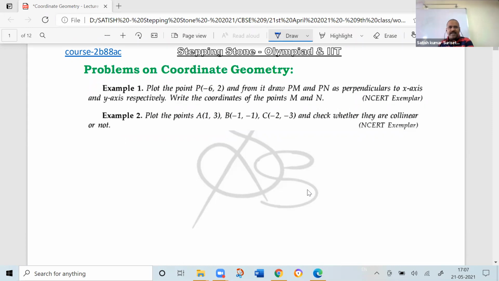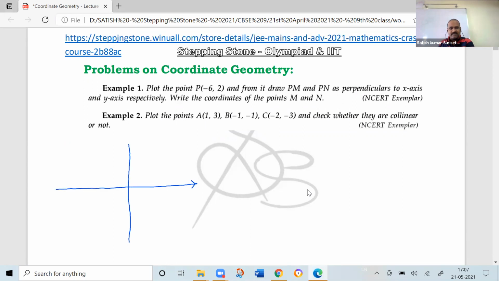Where will be the point (-6, 2)? In which quadrant? Tell me all of you, in which quadrant will (-6, 2) lie?